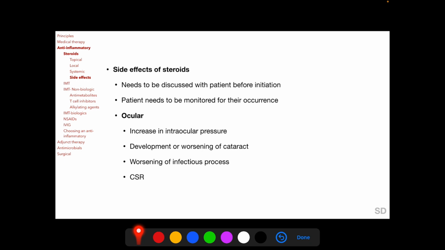Steroids have numerous side effects, and they are important to remember when we are prescribing steroids for uveitis. The side effects need to be discussed with the patient and his relatives before initiation, and the patient needs to be monitored for the occurrence of these side effects. The ocular side effects include increase in intraocular pressure, development or worsening of cataract, worsening of infectious process, and central serous retinopathy.